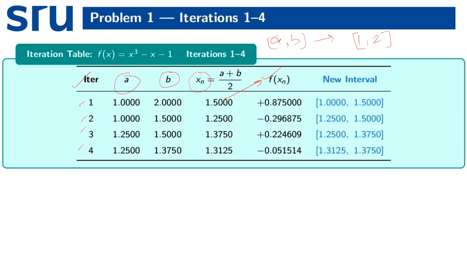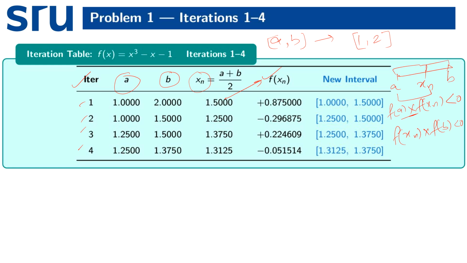Since the interval is from a to b, the middle point is, say, xn. If the product of f of a and f of xn is less than 0, then root will lie between a and x. Okay, so new interval will be a to x. And if the product of f of xn and f of b is less than 0, in that case root will lie between x and b.